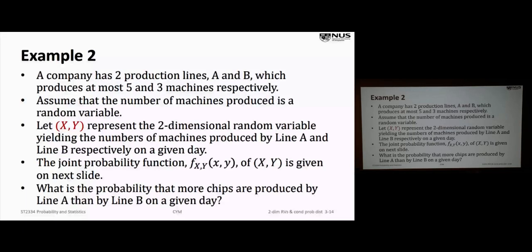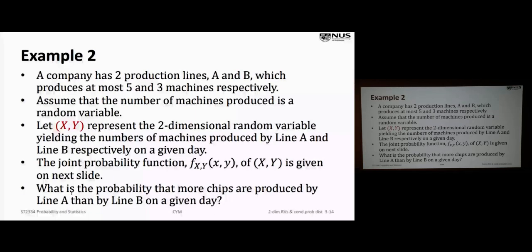So X and Y, a pair of random variables, represent the number of machines produced by line A and line B. We are given the joint probability mass function, which is on the next slide, and we're asked: what is the probability that more machines are produced by line A than line B?